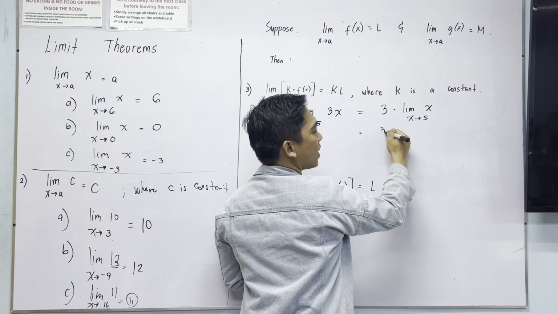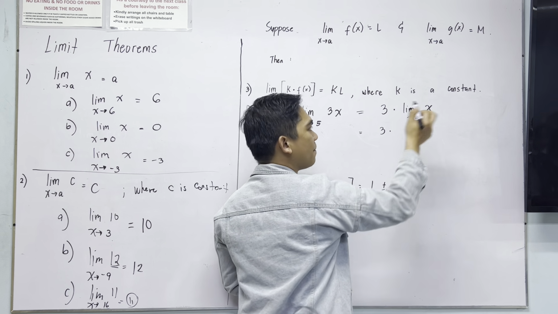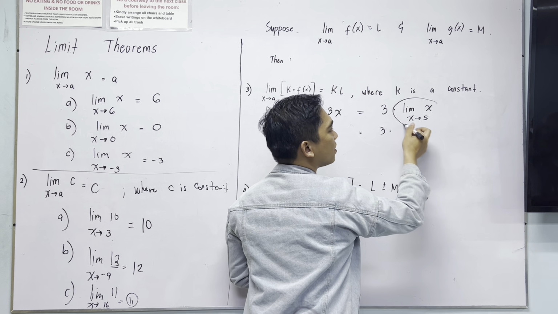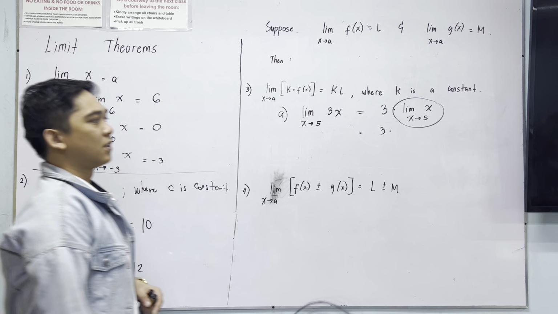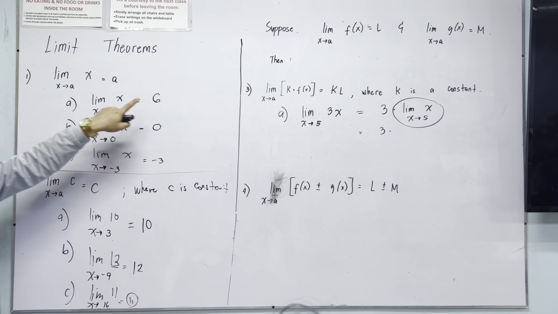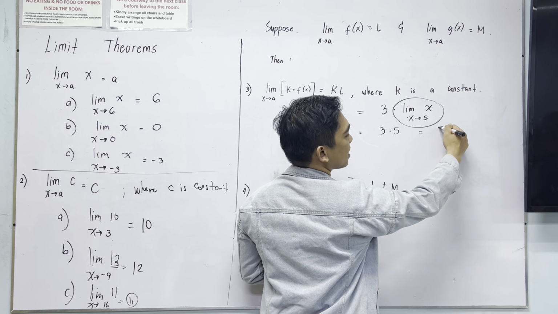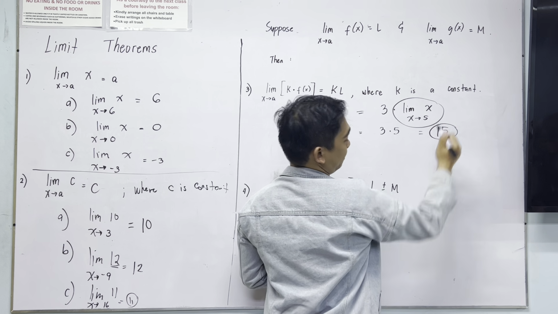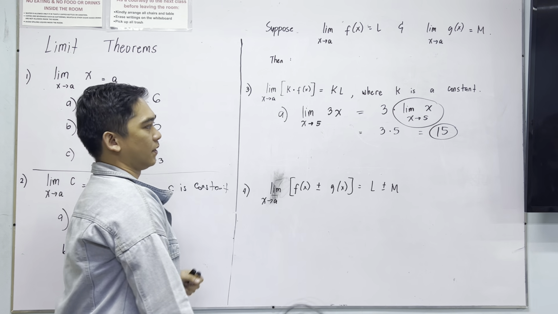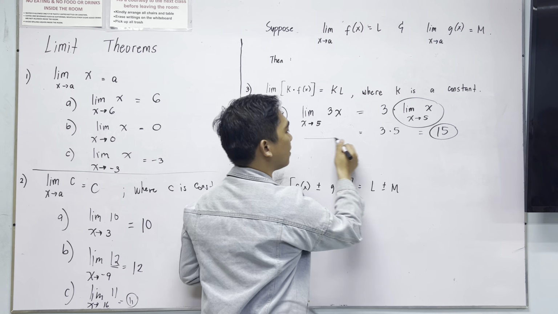We can now use the previous theorem. Anong theorem ito? Theorem 1. Ano daw ang value? 5. So 3 times 5. So the limit is 15. Bakit 15? Kasi 3 times 5, 15.